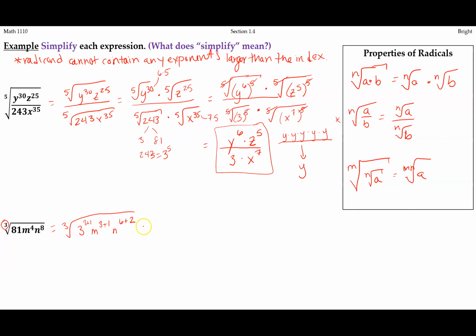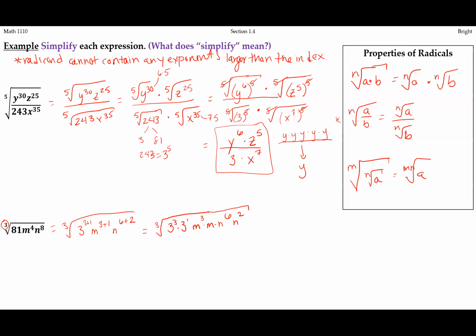Now using properties of exponents, I'm going to say that this is the cube root of 3, and then, using properties of exponents in reverse, I have 3 to the third times 3 to the first. Breaking that up. With the m's, I'll do something similar, m to the third times m, and then n, I'm going to do n to the sixth times n squared.